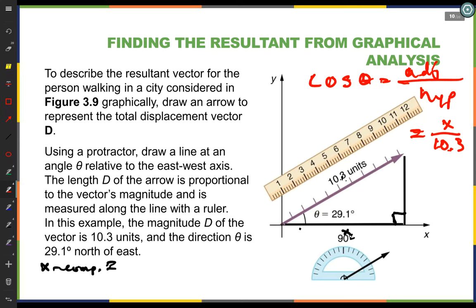So cosine theta is x over 10.3. Well, I've carefully measured that angle to be 29.1 degrees, so now I just have to solve this for x, which is easily done by multiplying the 10.3 across. So my x component is 10.3 cosine of 29.1 degrees.